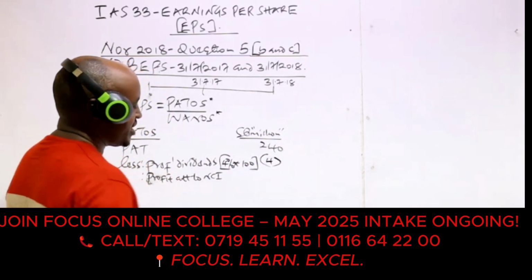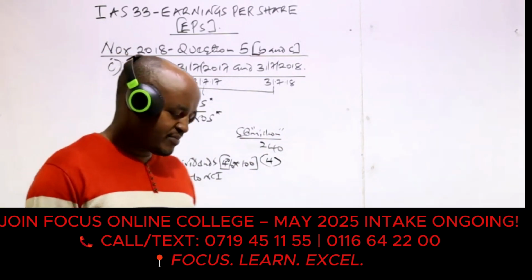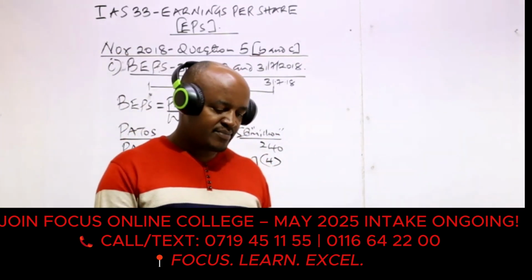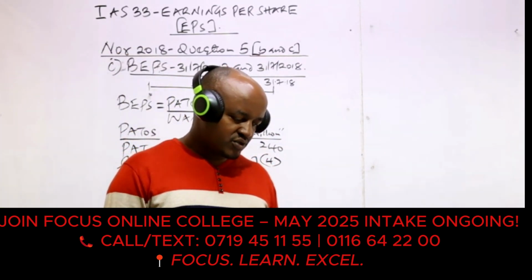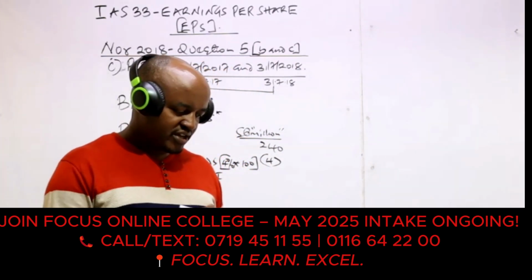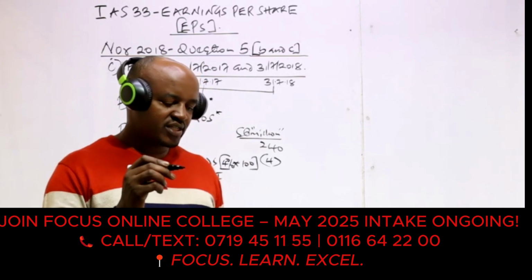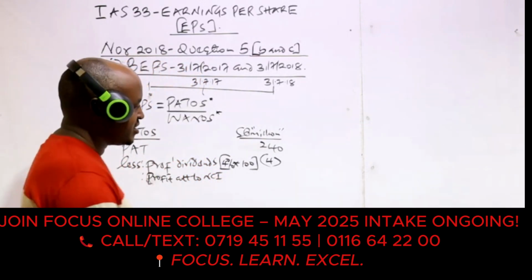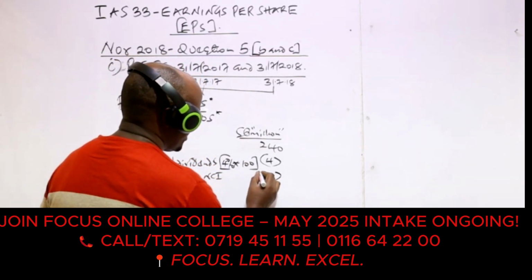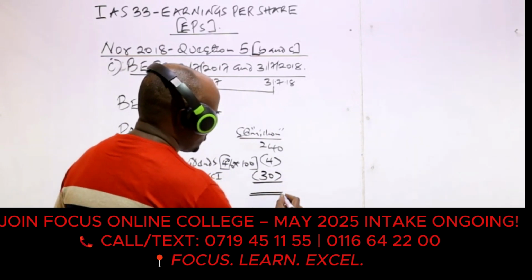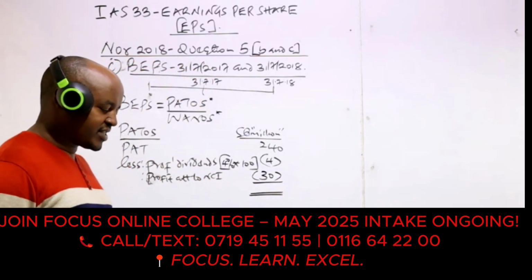And then to this, we also less the profit for the year attributable to NCI. That is given in the income statement, which we have at paragraph 2. We are given the profit after tax attributable to the owners of the group and also attributable to non-controlling interest. So our interest here is the profit after tax attributable to the non-controlling interest, which is given as 30 million.